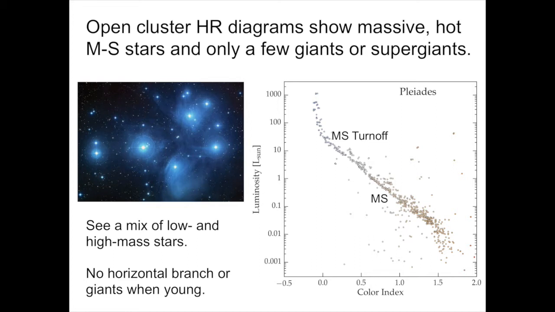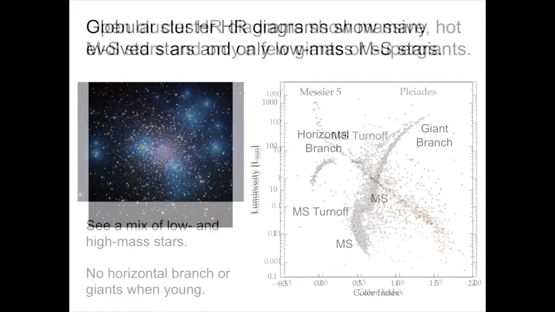Open clusters are going to be our best laboratories for studying the properties of the very highest mass stars in the local universe. But it doesn't tell us a whole lot about low and intermediate mass stars because they've pretty well settled down onto their Hertzsprung-Russell diagrams and have long since settled into the main sequence, fusing hydrogen into helium in their cores.